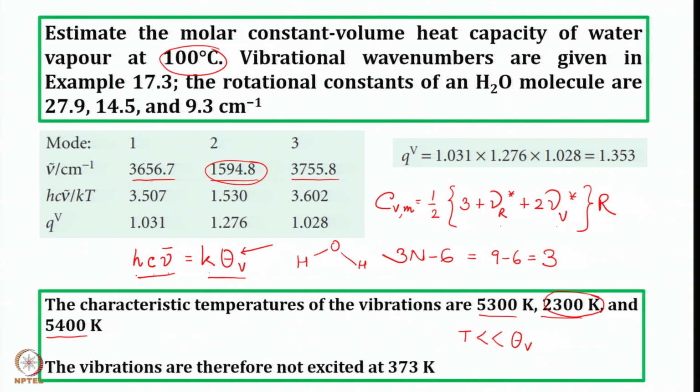That means vibrations are not excited at 373 Kelvin, simply because the temperature is much lower than the characteristic vibrational temperature. So, we do not need to worry about the vibrational contribution to constant molar volume heat capacity.